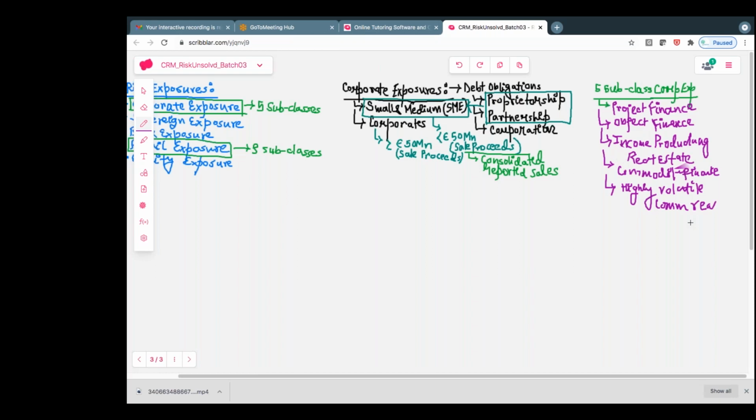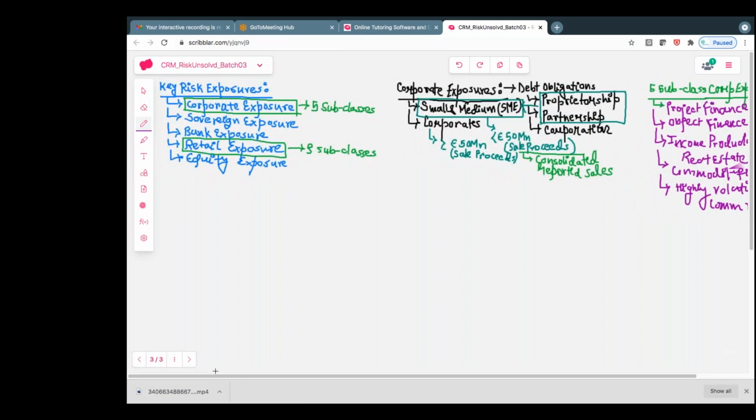That's a case of object finance, because you are taking the loan specifically to buy a set of objects for commercial purposes. So the purpose, or the way in which that loan is designed, is something we would be looking at.